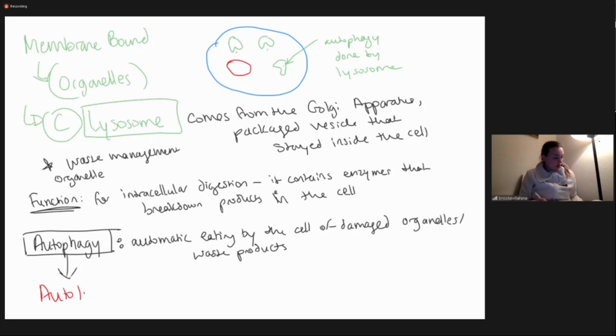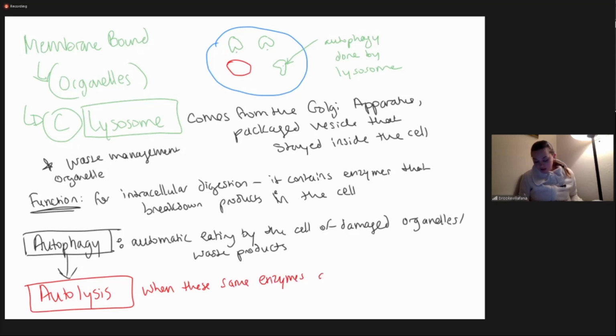But we also have something, I'll write it kind of in red. This is called autolysis. And autolysis is different. Autolysis is when these same enzymes dissolve the entire cell. So if it was a cancer cell, right?